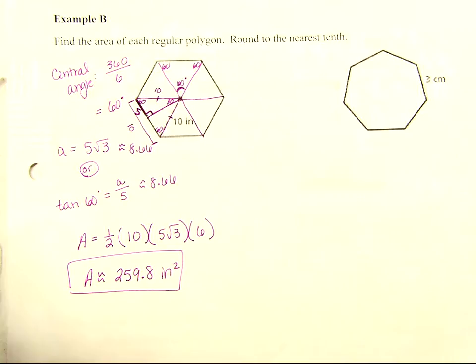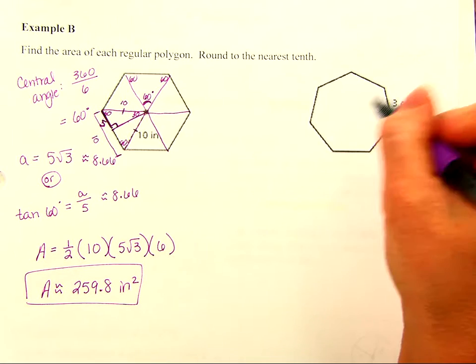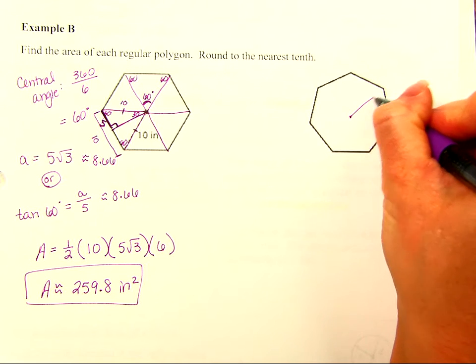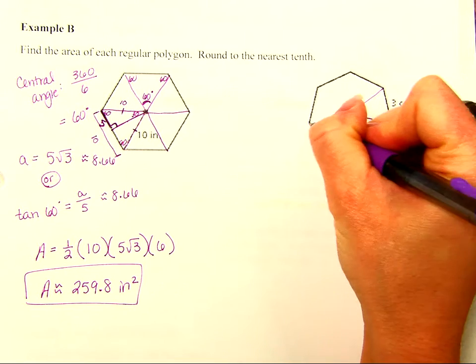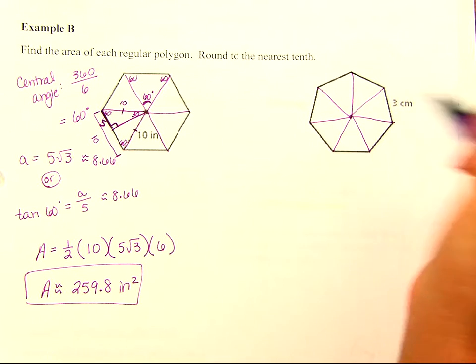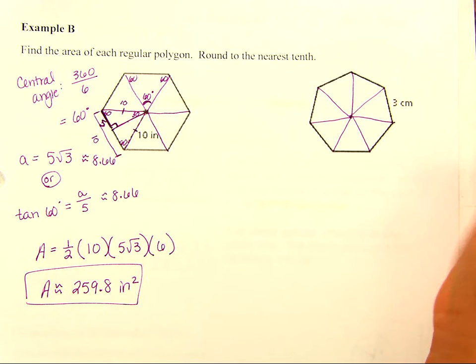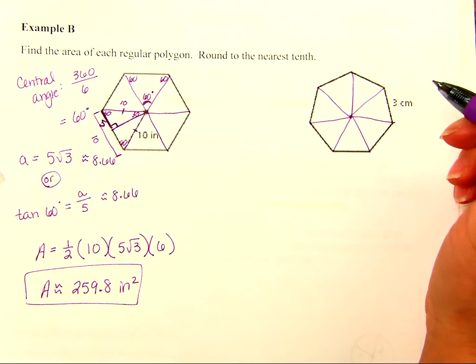Let's take a look at one more. Okay, in figure number 2, our first objective is to divide it up, but also to think about what kind of shape we have. Here, 1, 2, 3, 4, 5, 6, 7, I actually have a heptagon.